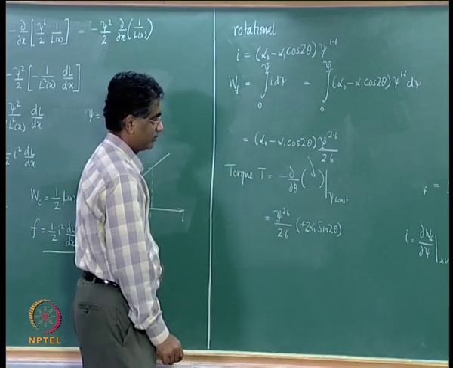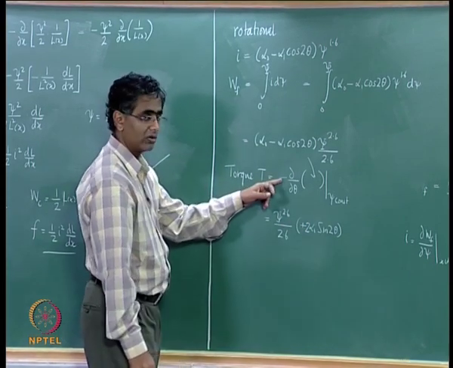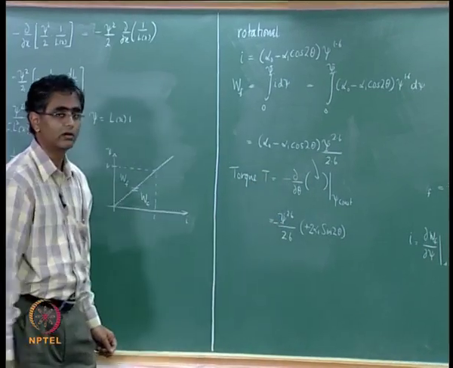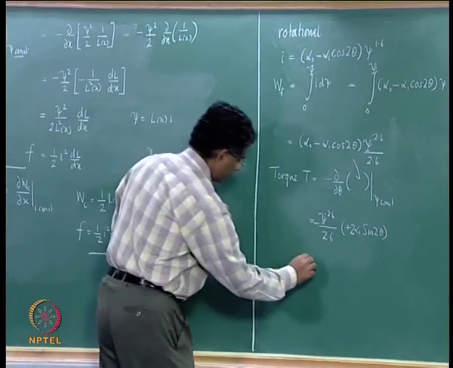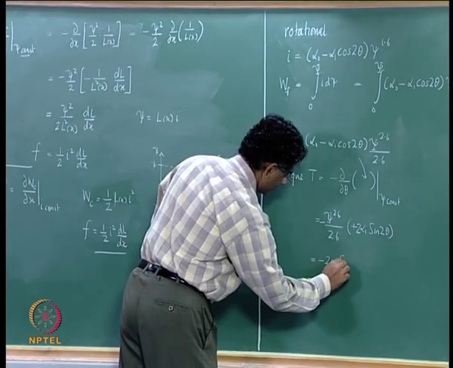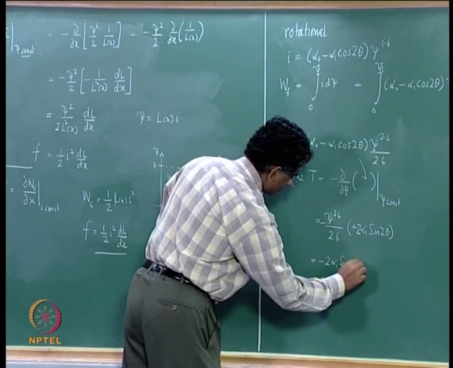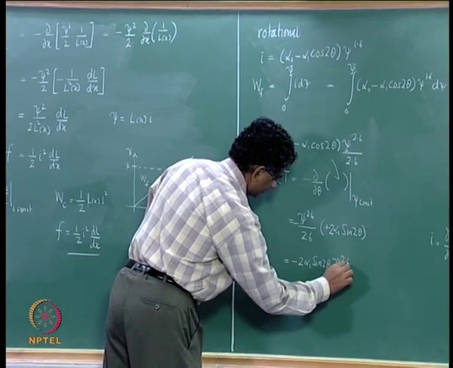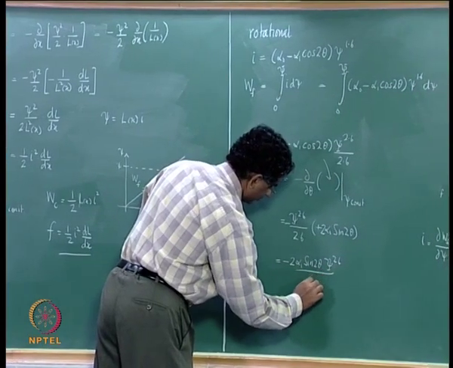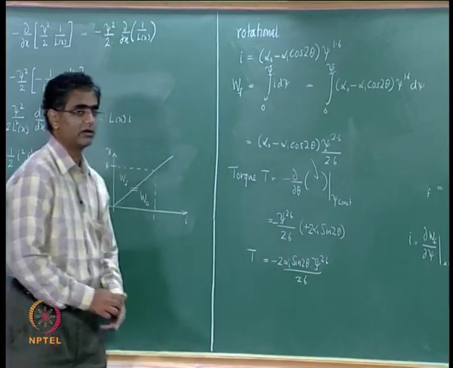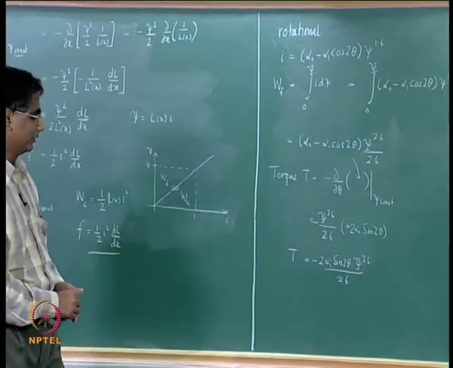So this then becomes plus, but then you have a negative sign outside here. So that negative sign continues to remain. So what you have is minus of 2 alpha 1 sin 2 theta multiplied by psi to the power of 2.6 divided by 2.6 is the expression for the generated electromagnetic torque T.